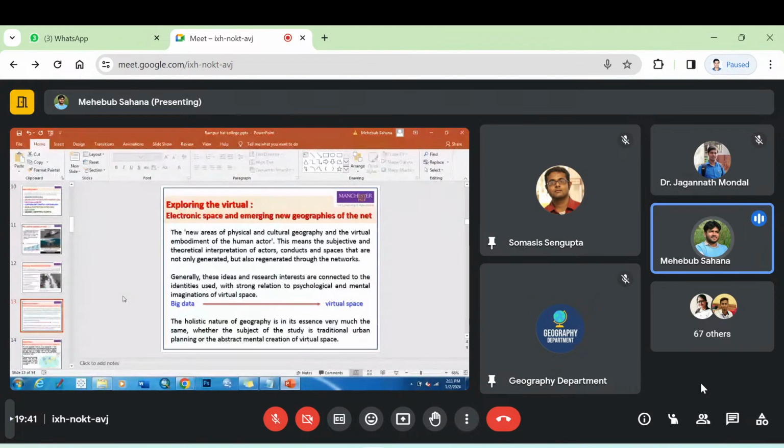Suppose in Bardhaman, I think there are 10,000 shops, very small shops, informal market, fuchka wala, chai wala, and maybe something else. So everybody, this fuchka wala, this rickshaw wala, whatever the thela, everybody has a Google Map profile. In Google Map you can find them, their locations, their area.